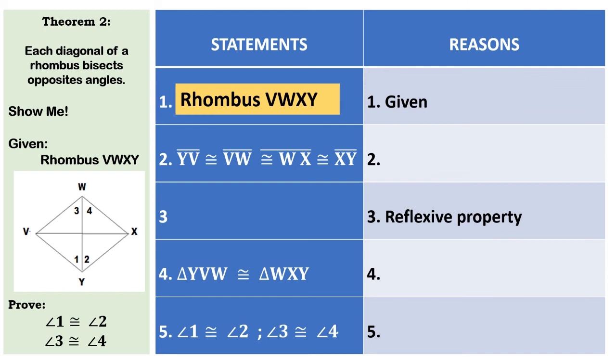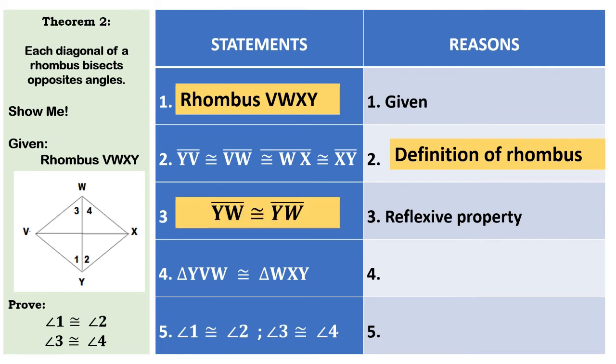By what reason? Okay, because of the definition of a rhombus, which states that all sides are congruent. So, what is the next statement if the reason is the reflexive property? Diagonal YW is congruent to YW by the reflexive property.